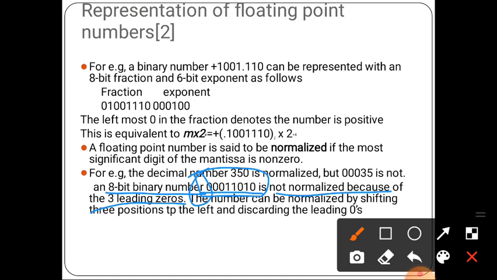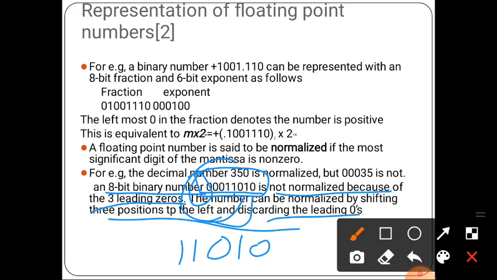The number can be normalized by shifting 3 positions to the left and discarding the leading 0s. If we shift 3 positions to the left, the data will be 11010000. So here the MSB will be 1, that means it is a non-zero value, so it is considered normalized.